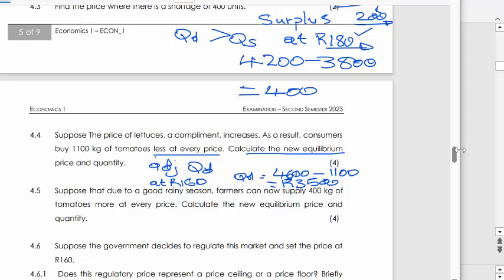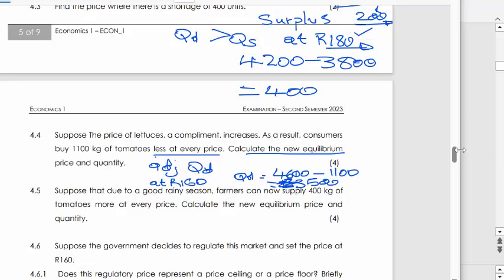So let's look at the question. Calculate the equilibrium price and quantity. This 3,500 is actually the quantity, because here we are talking units. They could be in kgs.